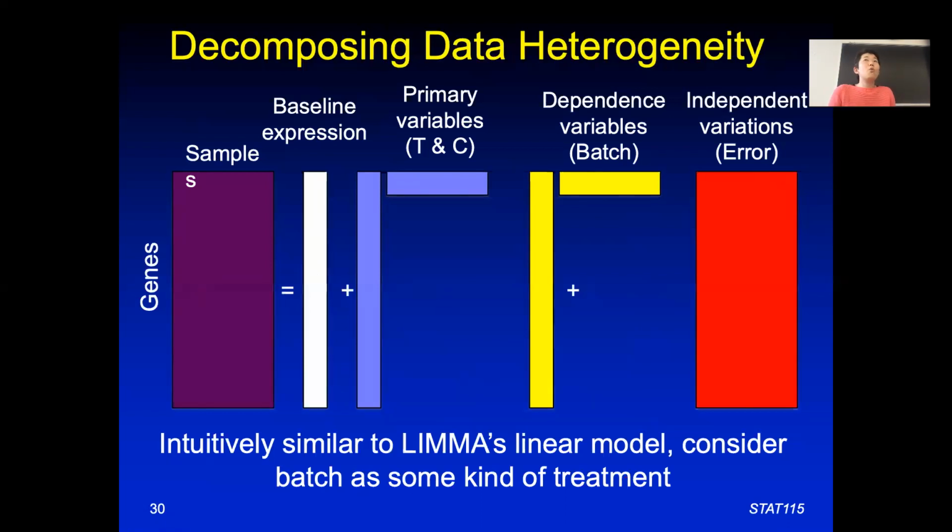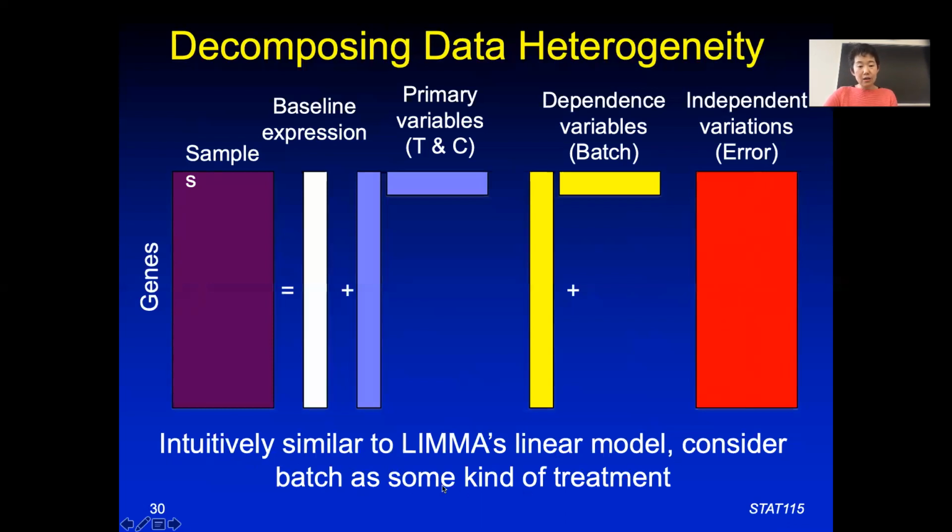We don't know exactly why they create these differences, but at least we know every sample in batch 1, somehow this gene is expressed higher. And if we see that, we need to correct that. And of course, at the end, we also have the error. So it's intuitively similar to Limma's linear model.